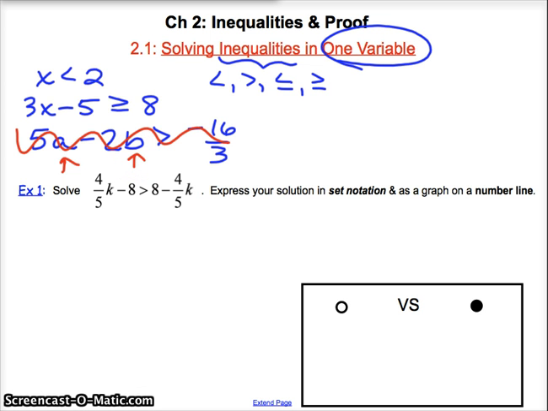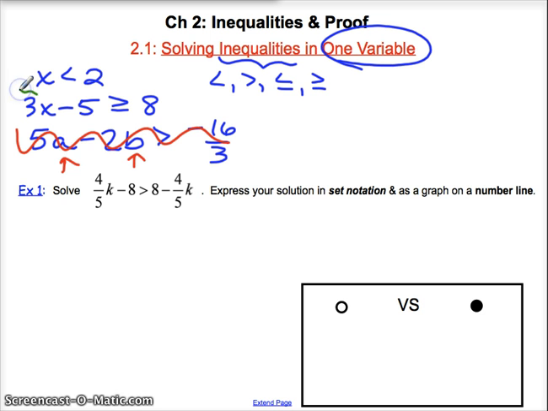Okay, so we have to talk about how to solve these guys. Let's look at this example below. You've got 4/5 k minus 8 is greater than 8 minus 4/5 k. We want to figure out what values of k would make that inequality statement true. We want the left-hand side to be greater than the right-hand side.